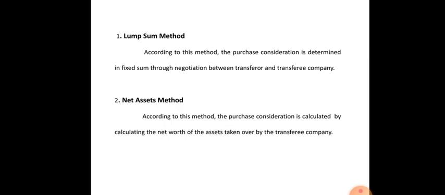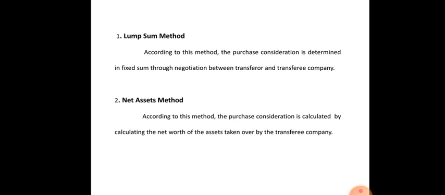The first one is the lump sum method. What is the lump sum method? According to this method, the purchase consideration is determined as a fixed sum through negotiation between the transferor and transferee company. It means that when the transferee company agrees to pay a fixed lump sum amount to the transferor company, it is the lump sum payment method of the purchase consideration.